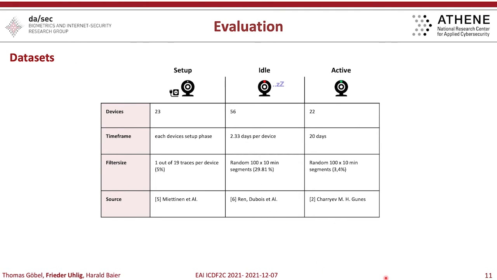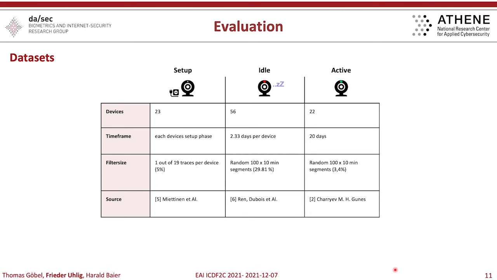For the tests, we used 3 data sets. We used the setup data, which stems from Miettinen et al., consists of 23 devices, and every device's setup phase is recorded, and these recordings are then put into this data set.